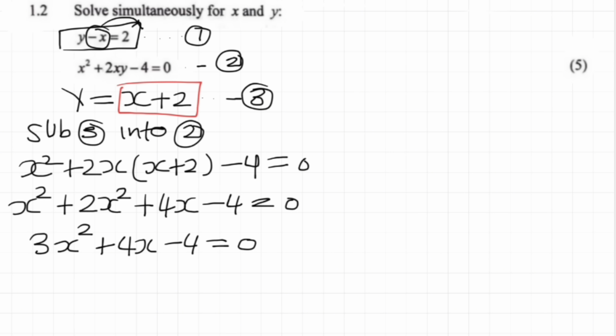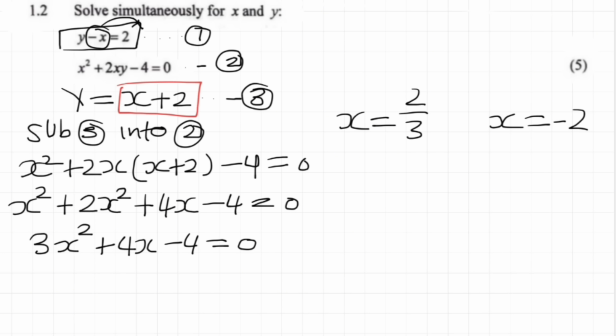What do I mean? If you use the quadratic formula on this equation, you will find that the first value of x is 2 over 3. The other one is going to be x equals negative 2.